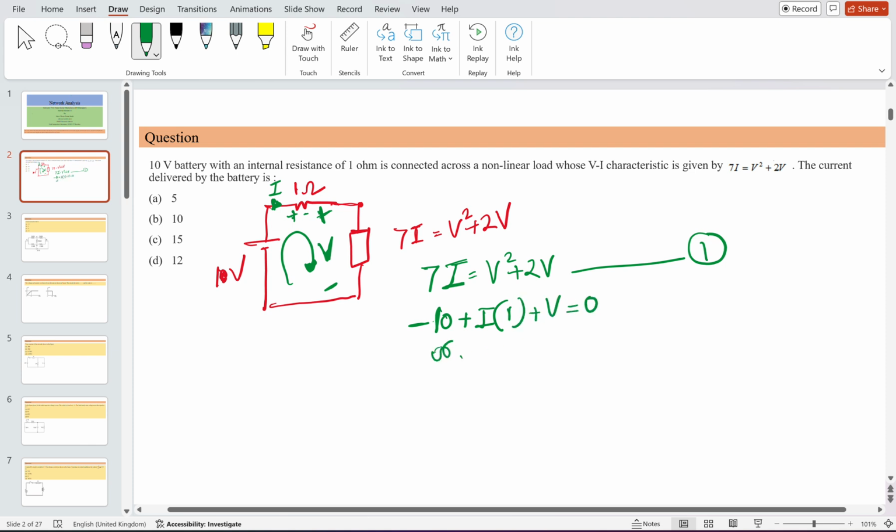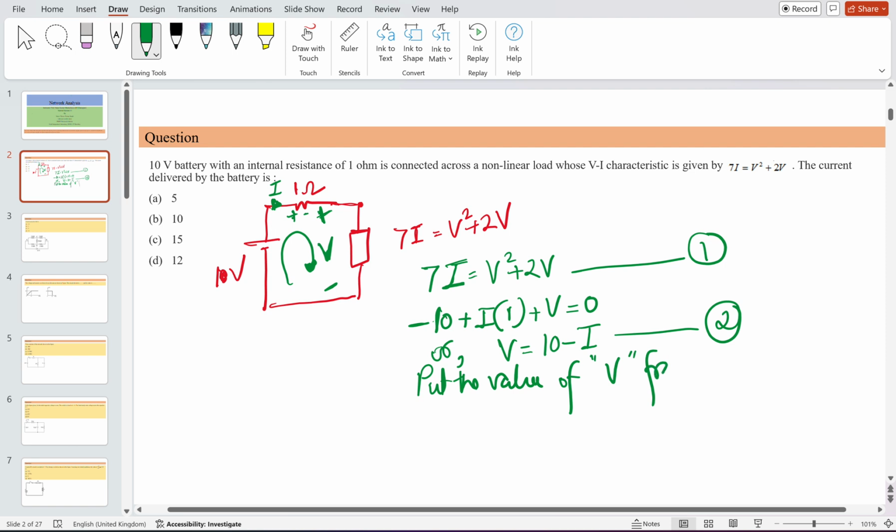Or you can say that V is equal to 10 minus I. So this is the second equation. Now the requirement is solving these two equations. Put the value of V from equation 2 into equation 1.